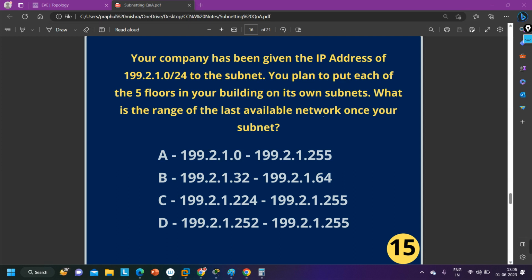You plan to put each of the 5 subnets. So here we need 5 subnets, and you need to find the range of the last available network once you subnet it. Very good question.